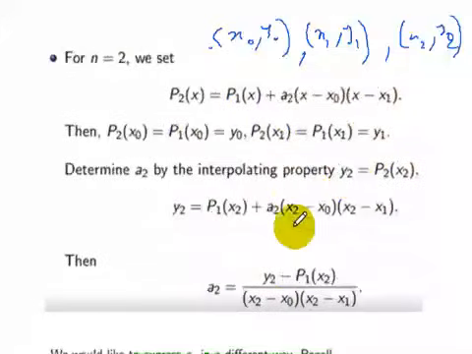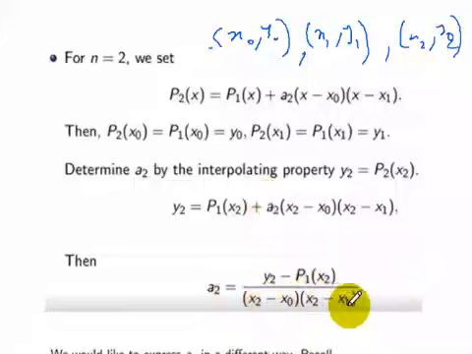So when you do that, finally you can find that the constant would be y sub 2 minus p1 evaluated at x2, divided by x2 minus x0 times x2 minus x1.